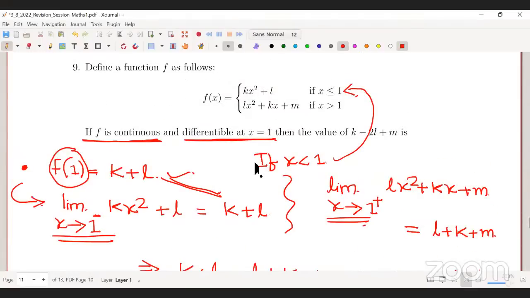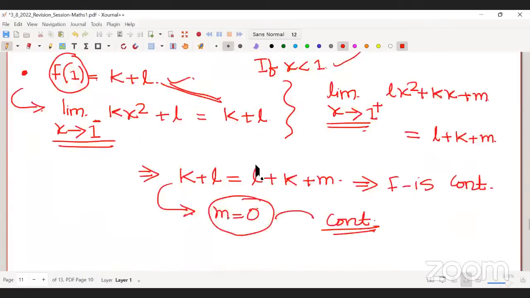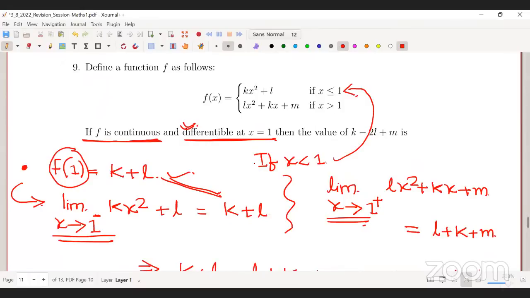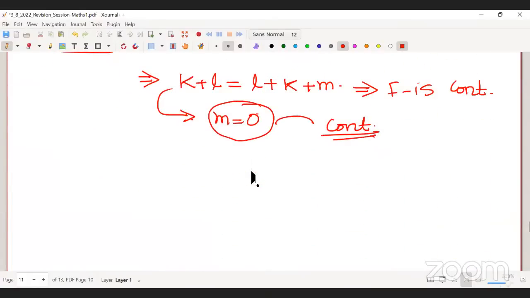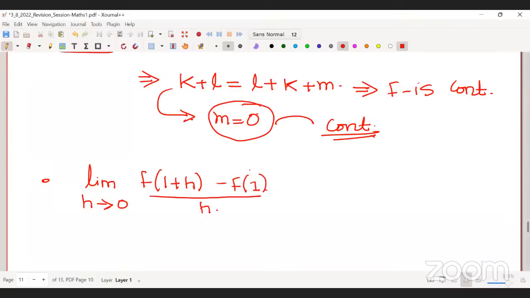But one more thing is given, that f is differentiable also, right? Then I have to go for differentiability. So now this is 0. For differentiability, what I have to do is check whether this limit exists or not.